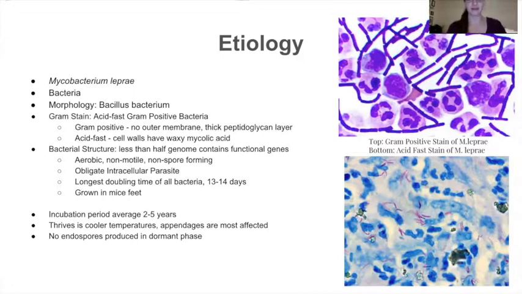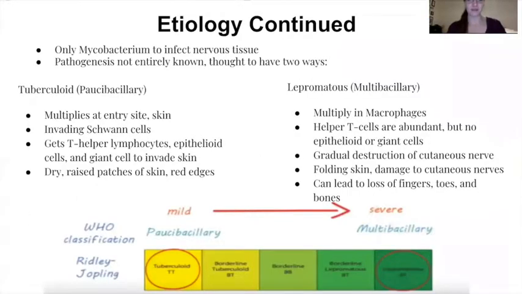It thrives in cooler temperatures, so the appendages of the body are most affected, such as the fingers, toes, and nose. No endospores are produced in the dormant phase. It is also the only mycobacterium known to infect nervous tissue.